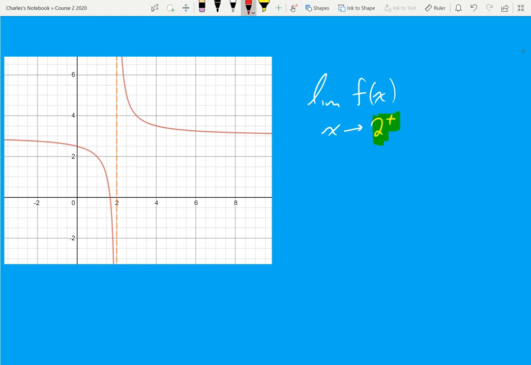That plus means I'm coming from the positive side. This is the positive side. This is the negative side. It means I'm coming from the positive side or the right side. So as x approaches 2 from the positive side, I get infinity. As x approaches 2 from the negative side, notice that it's not going up, it's going down.